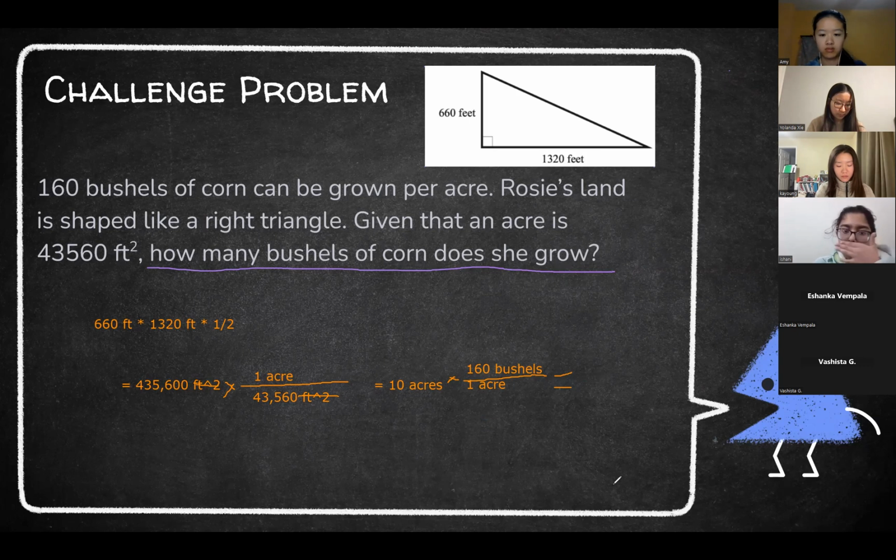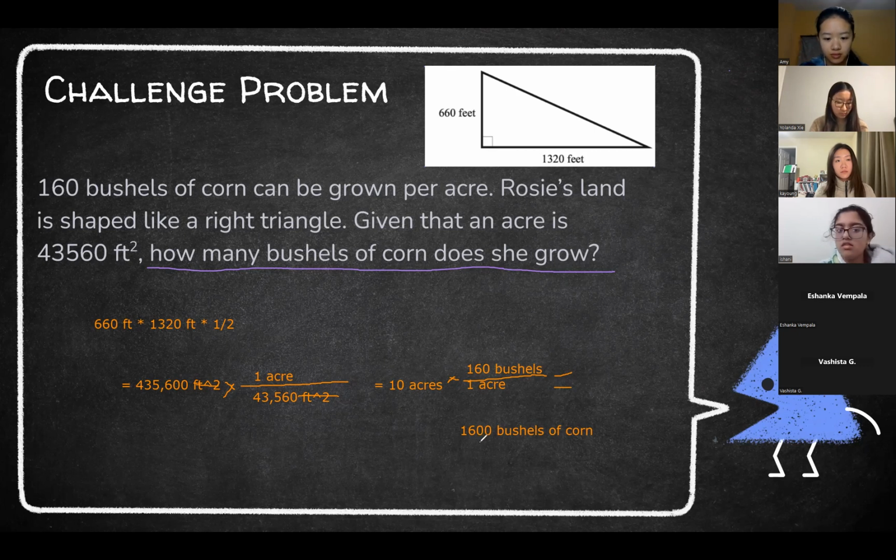So the thing to note here is that we are multiplying by something that is equal to each other, right? We know that 1 acre is equal to 43,560 feet squared, so we multiply by 1 acre over 43,560 feet squared because those are equal to each other.